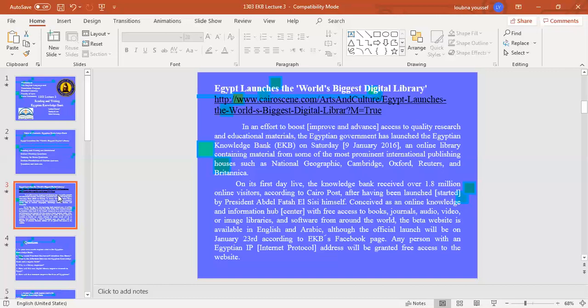I would like you to know that Egypt paid a lot of money, but this is money that is extremely well used, because this will benefit research in Egypt and knowledge and education in Egypt at large. Back to the slide. Any person with an Egyptian IP, an internet protocol address, will be granted free access to the website. So the website is free for Egyptians.